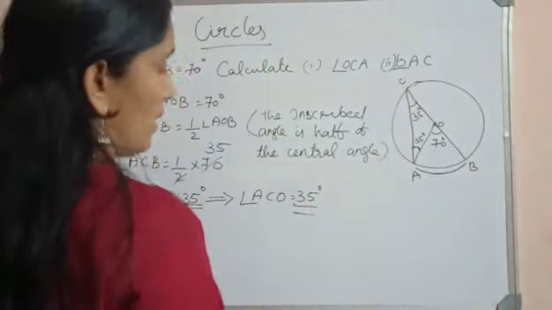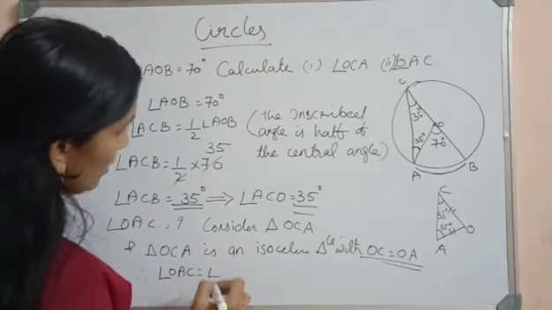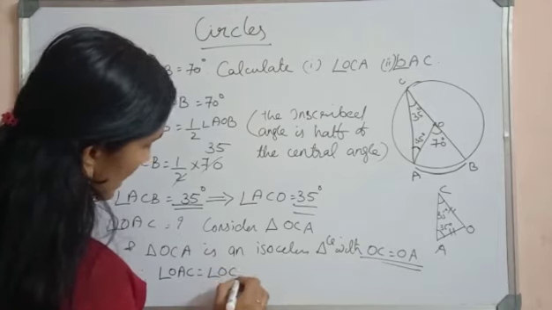To find OAC, we can consider triangle OCA. Triangle OCA is an isosceles triangle with OC equal to OA. Therefore, angle OAC is equal to angle OCA.